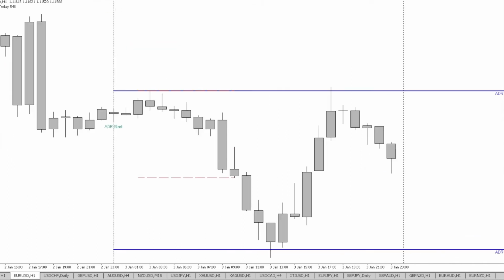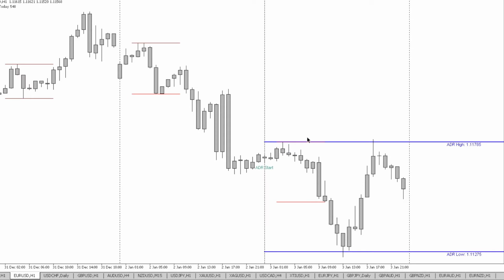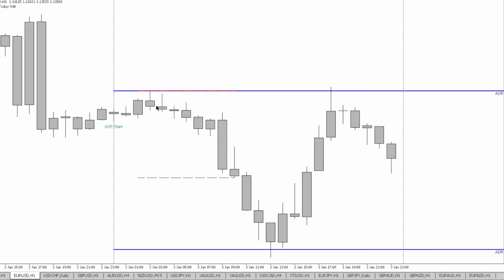When we go into our 1 hour chart now, we can see we've got the Asian session coming in right here. It kicks in around 12, which, trading IC Markets, is 2 hours in front, I believe.